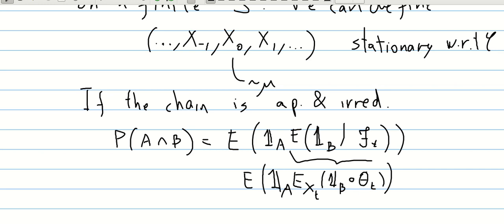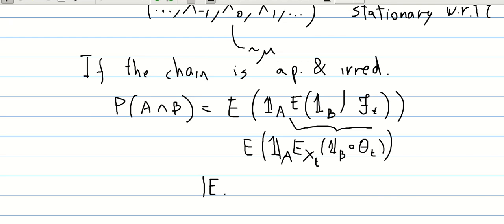And this we can also bound uniformly, because the difference between this, it's uniform over the starting point, after some time s, minus the expectation over mu of f, decays exponentially.